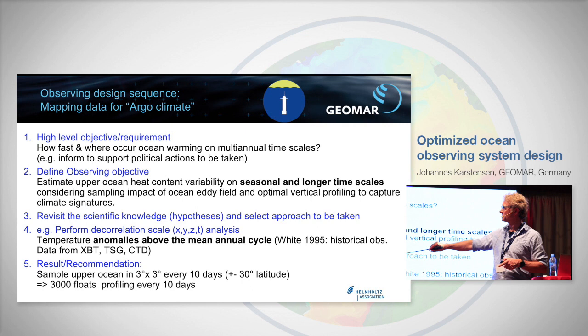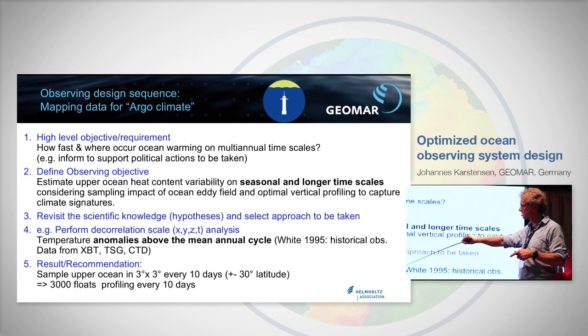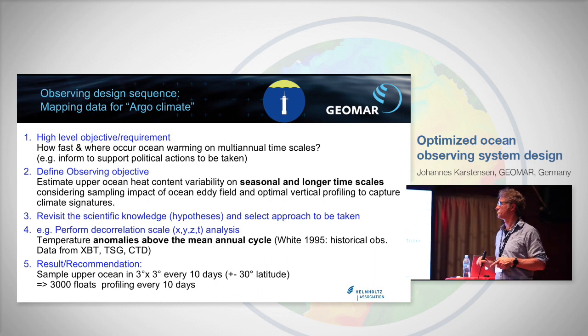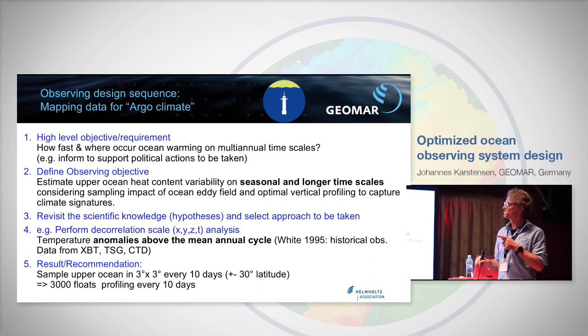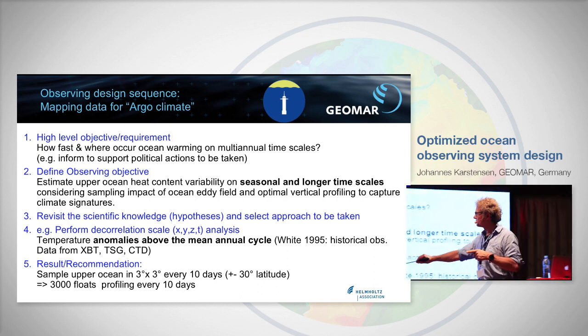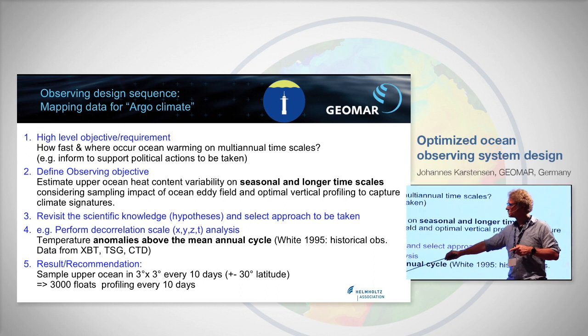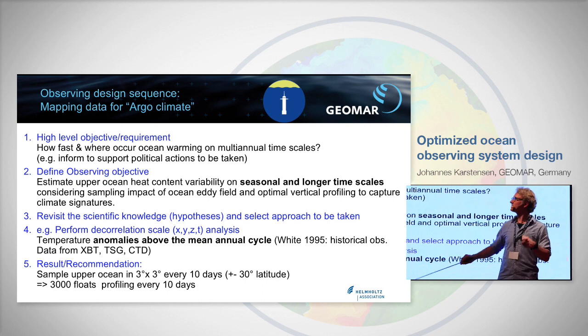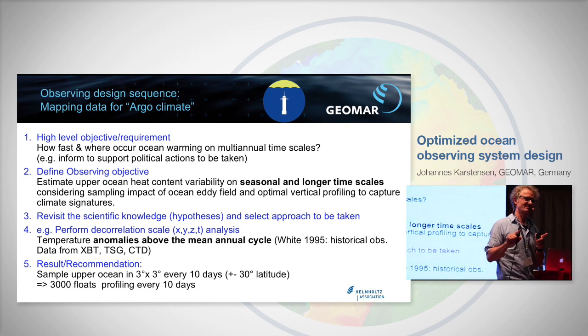I just outlined that with the temperature anomalies about the annual mean cycle and so forth. And then the recommendation came out. But it's very important to remember that this recommendation, 3,000 floats profiling every 10 days, is really based on climate only.